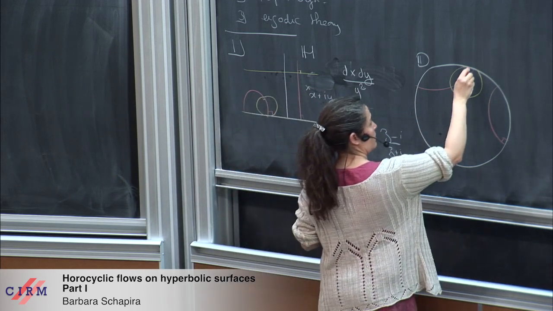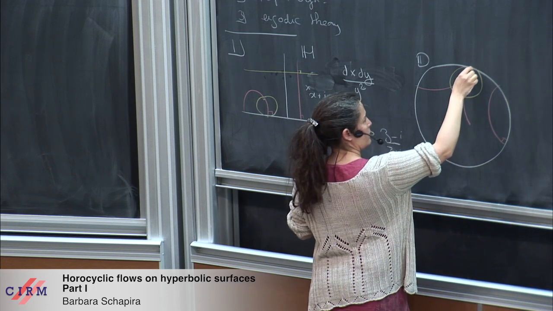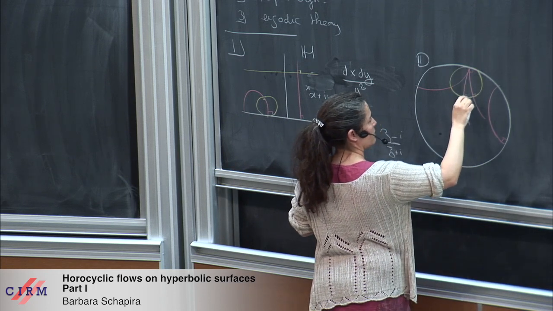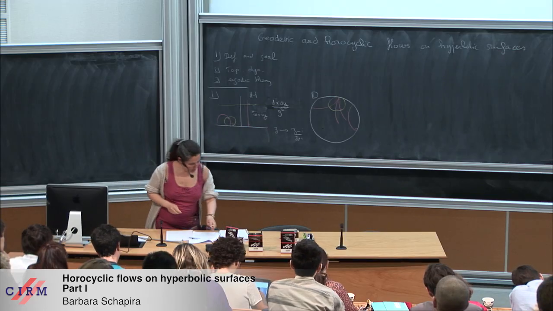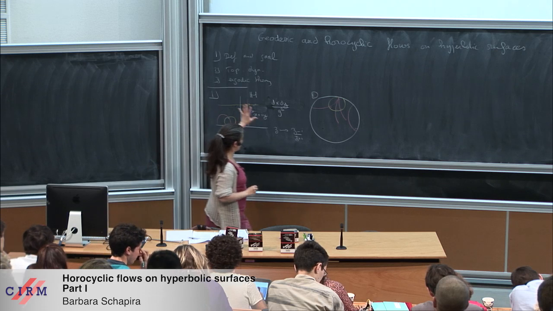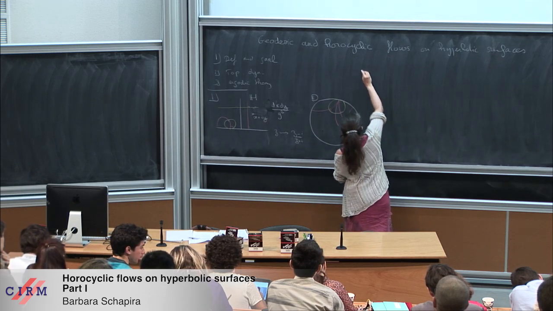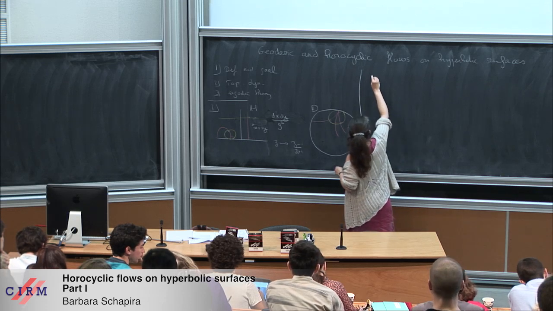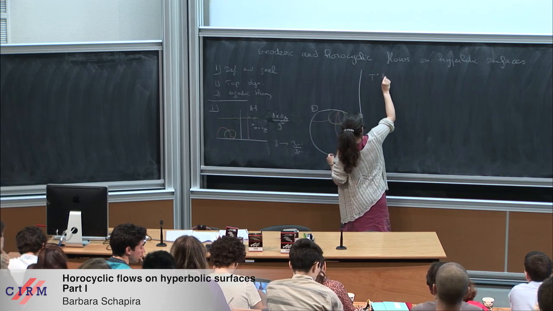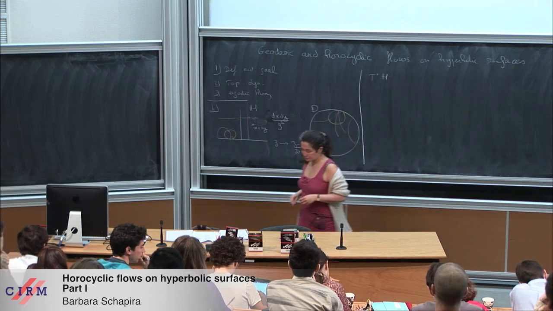This picture is very important. In fact, the geodesics and horocycles are defined here on the hyperbolic plane, but the geodesic and horocycle flows will live on the unit tangent bundle of the hyperbolic plane.